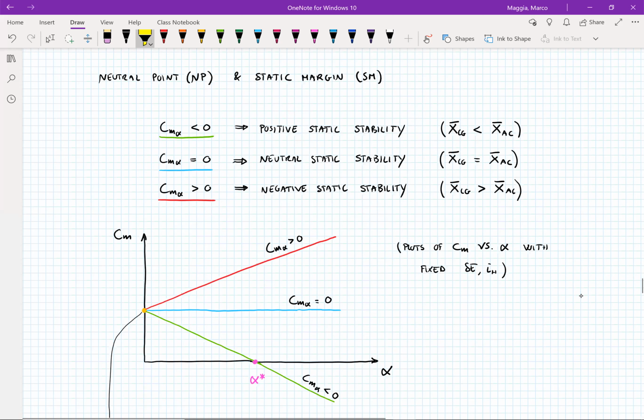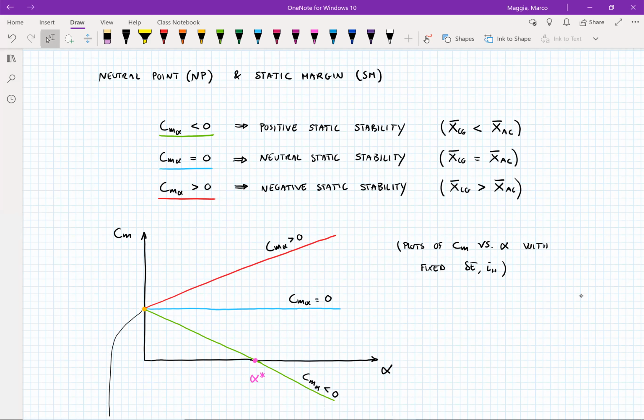Okay, so with that in mind, we need Cm alpha to be negative for static stability. What if Cm alpha is 0 or positive? Well, we saw that if it is negative, we have positive static stability, so the center of gravity is in front of the aerodynamic center.